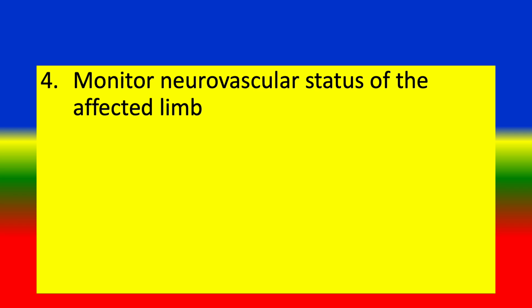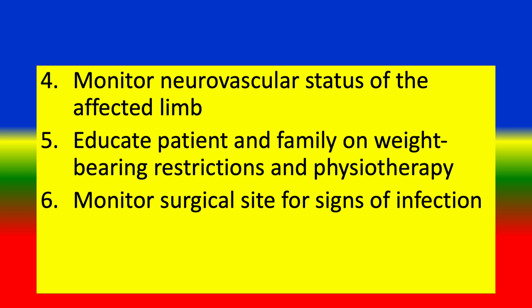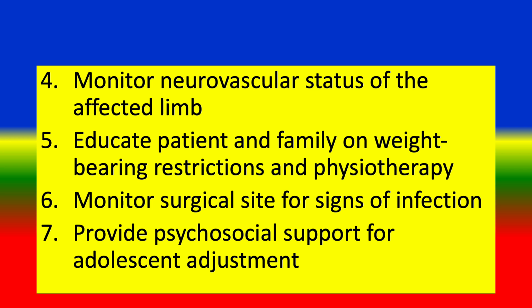Monitor neurovascular status of the affected limb. 5. Educate patient and family on weight bearing restrictions and physiotherapy. 6. Monitor surgical site for signs of infection. 7. Provide psychosocial support for adolescent adjustment.